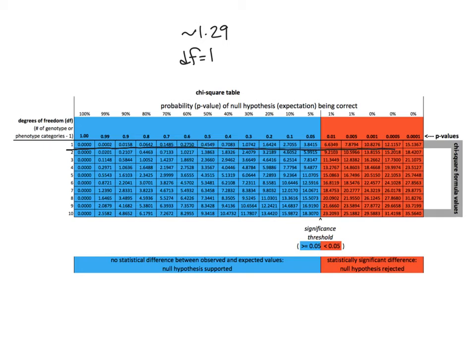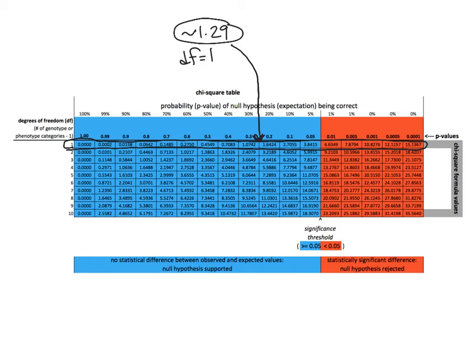And the values in this row are the chi-squared values. So what we're looking for is a place where we see 1.29. We probably won't find that number. It's going to land in between two of these numbers. So 1.29 fits right in there between 1.0742 and 1.6424.